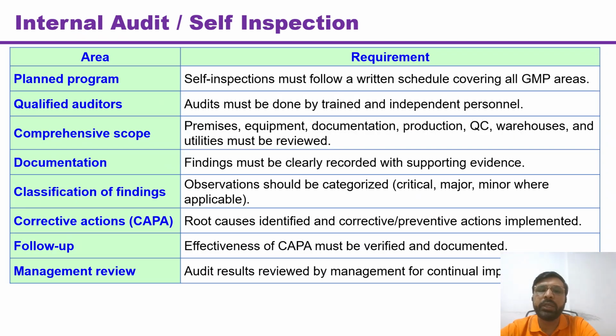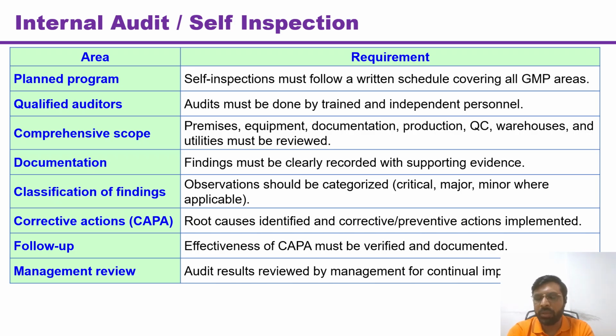Now, internal audit or self-inspection. As I said, internal audit is basically self-inspection and it is led by the quality assurance department. First of all, we have to train a qualified team on the self-inspection, and we have to form the team, and that team will perform the self-inspection throughout the organization.